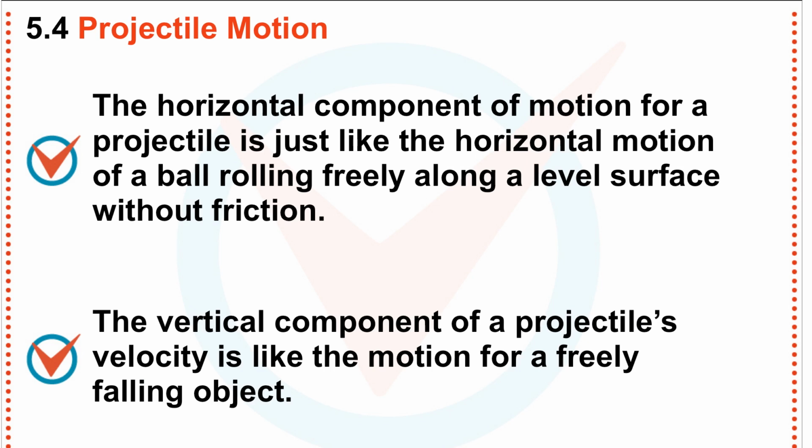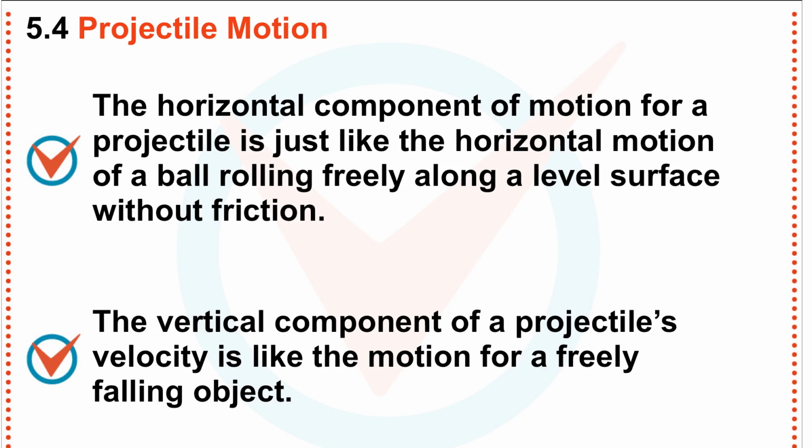On this slide, the horizontal component of the motion is just like the horizontal motion of a ball moving freely along a surface without friction. So imagine that the horizontal, or straight across, the x-axis of a graph, is just like there was no gravity. If you throw a ball, it'll go at the same speed straight out as it left your hand.